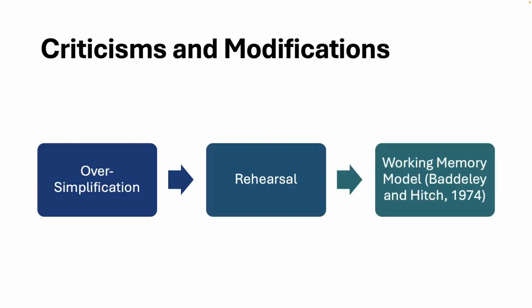And then finally, as a modification, the working memory model, proposed by Baddeley and Hitch in 1974, challenges the idea of a single short-term memory store and instead describes a more complex system for handling and manipulating information in real time.